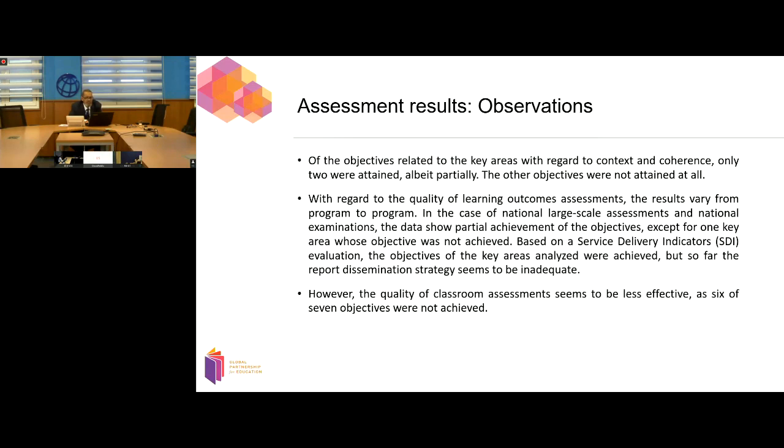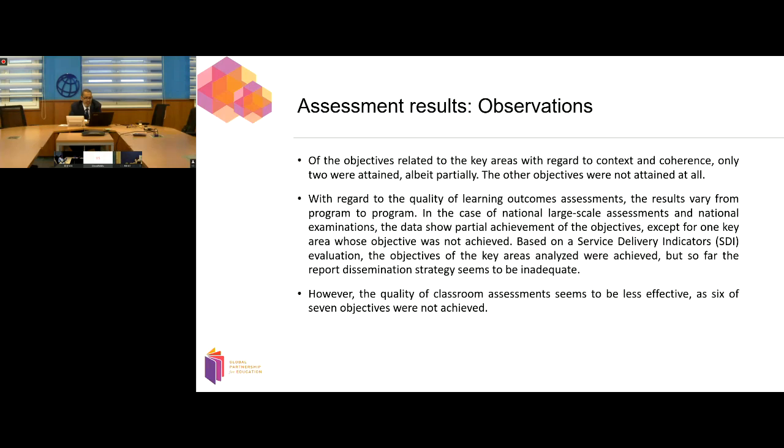Yes, thank you. This is a summary of what we just said. According to the objectives related to the key areas, with regard to context and coherence, only 2 were attained, albeit partially; the other objectives were not attained at all. With regard to the quality of learning outcomes assessment, the results vary from program to program. In the case of national large-scale assessment and national examinations, the data show partial achievements of the objectives, except for one key area.